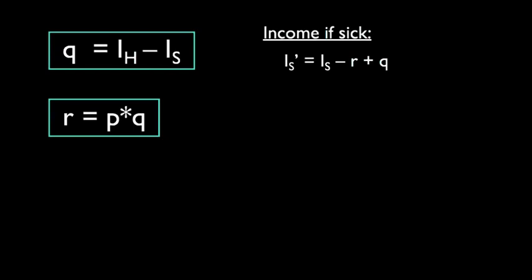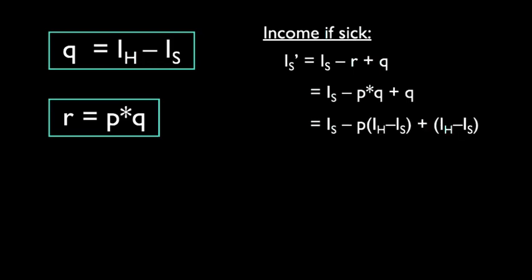If they get sick and they have this insurance contract, their income will be IS minus R plus Q. From this, we can take the R that we solved as being equal to P times Q, and wherever we see an R, we can just plug in P times Q. Then we can take the Q that we just solved as being equal to IH minus IS, and wherever we see a Q, we can just plug in IH minus IS.